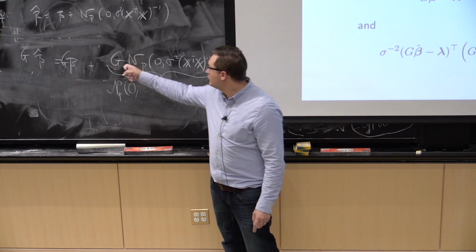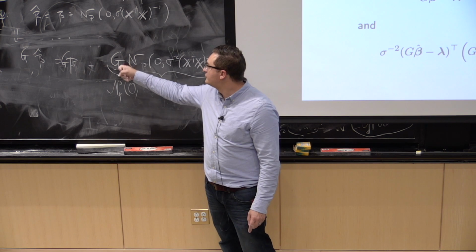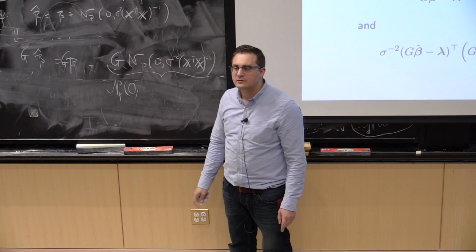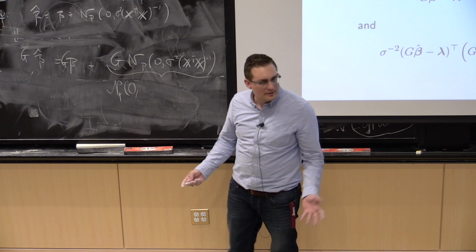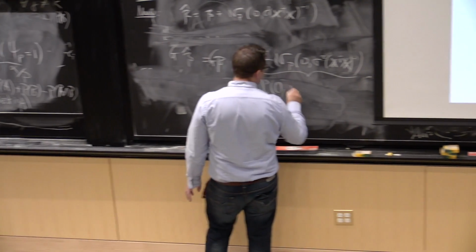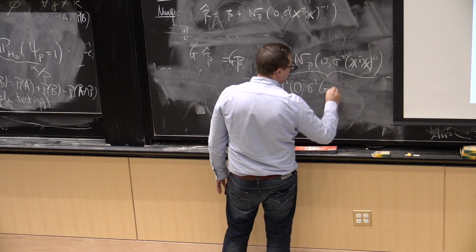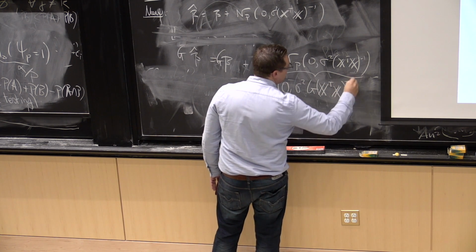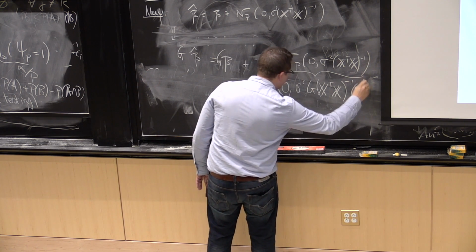So what is the distribution, what is the covariance of G times some Gaussian 0 sigma? G sigma G transpose, right? So that's G x transpose x inverse G transpose.